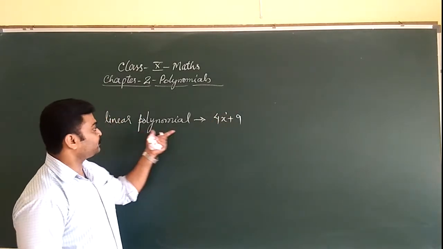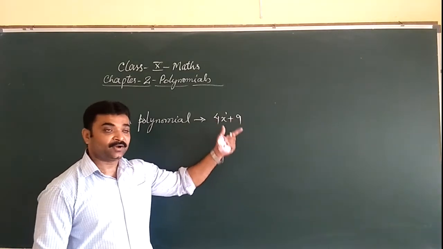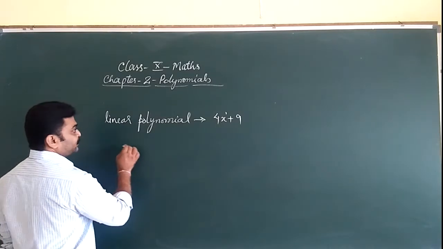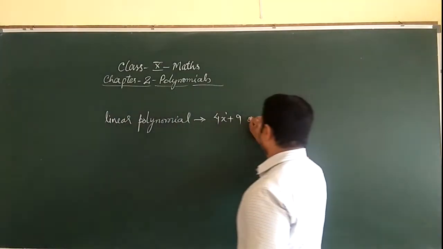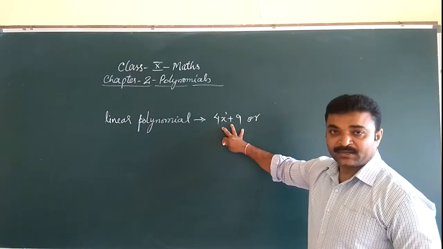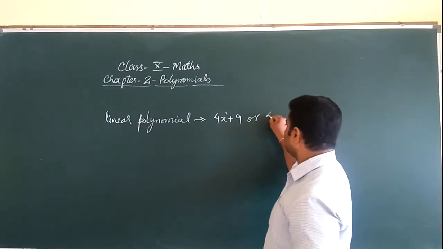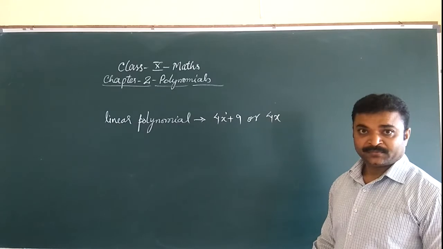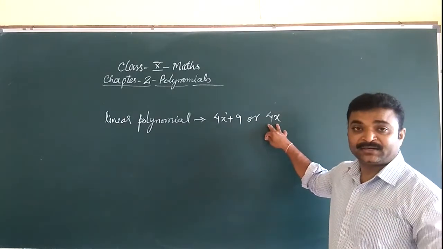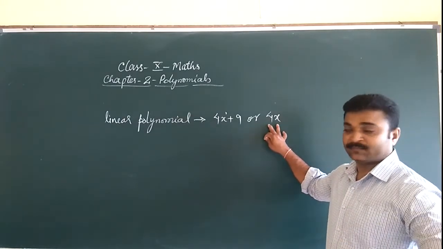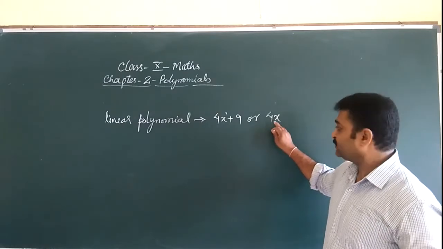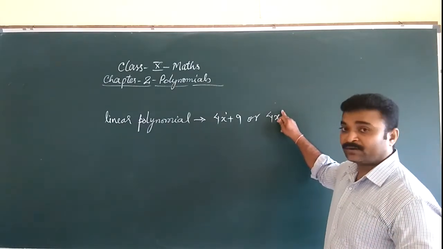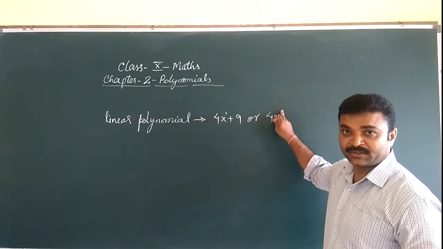Similarly, this polynomial can be written as 4x only. It's also a polynomial because it fulfills the definition of polynomial. What does the polynomial definition say? Constant into variable to the power whole number. Got it?